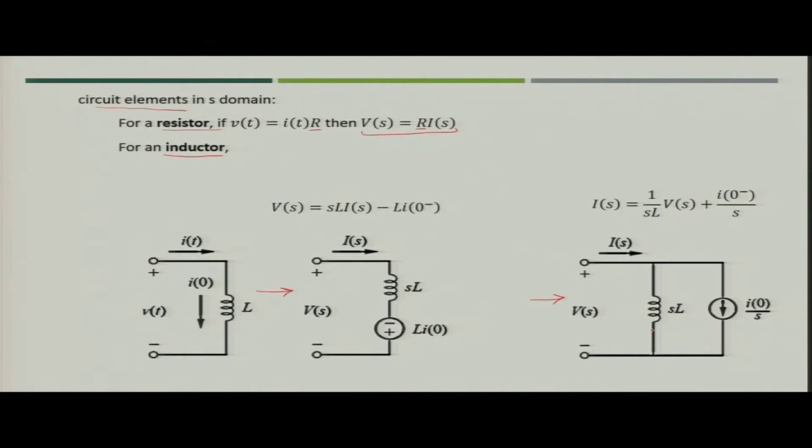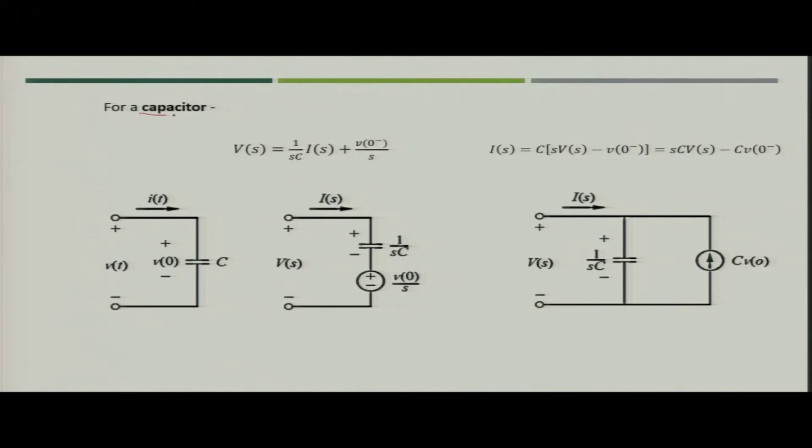This is what we discussed in the previous class: the direction of the fictitious current source, which we added because of the initial condition of current I naught flowing through the inductor, conforms to the plus sign here, and similarly the initial condition in terms of current will be minus L I naught, which is why it has the opposite sign for voltage.